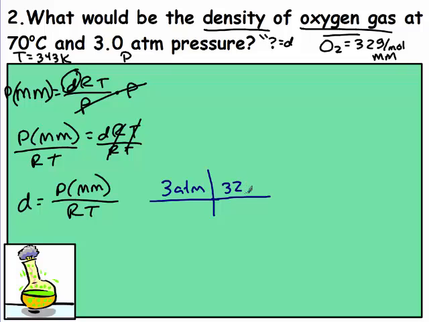Molar mass has 2 units. So one unit's on top, the other unit's on bottom. You should never put a slash on your dimensional analysis table. This line is the slash. R needs to go on bottom. And temperature needs to go on bottom.